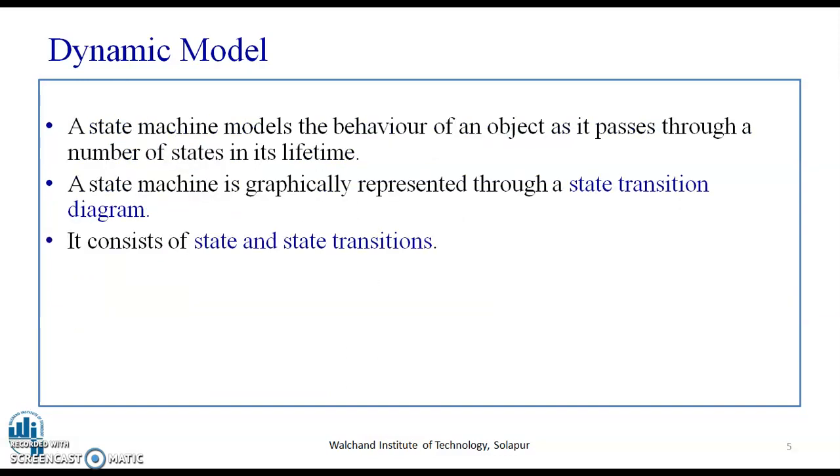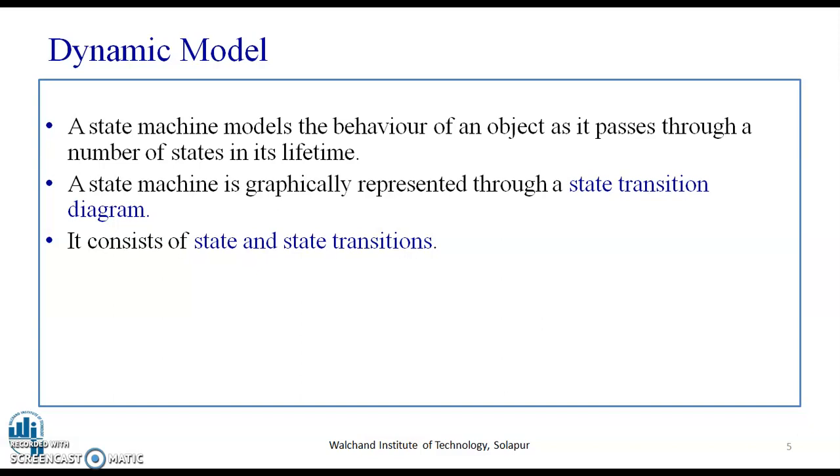Now, we will understand the dynamic modeling actually with the diagram and what are the notations used for the state diagram. A state machine models the behavior of an object as it passes through a number of states in its lifetime. So what is the actual purpose of dynamic modeling?